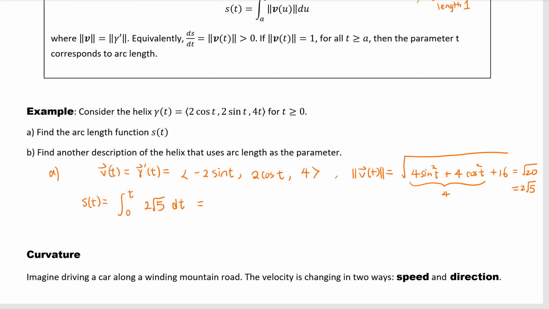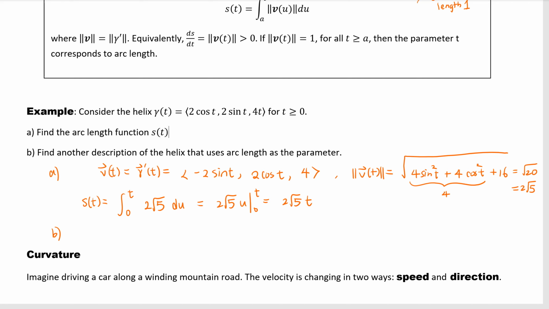Sorry, we should use another variable, so let's use u. So this is 2 square root of 5 u, evaluated from 0 to t. It means we plug in t first, then subtract what we get when we plug in 0, which is just 0. So this is the arc length function.